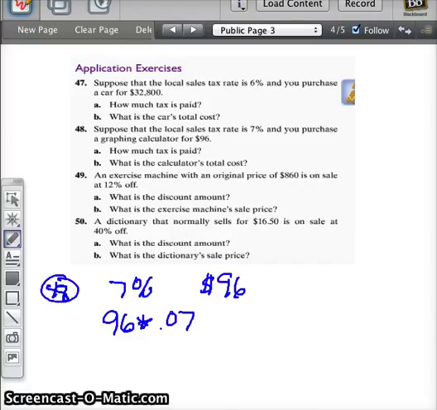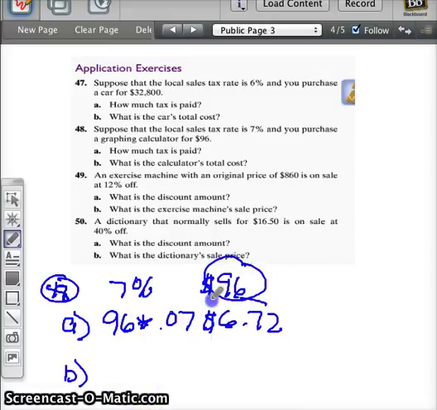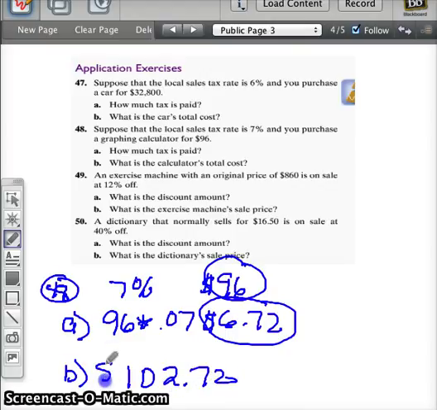You can write the formula down if you want to. 96 times 0.07 is equal to 6.72. That was the first part, so we'll call that A. And then B, what is the calculator's total cost? I'm going to have to pay the $96 and the $6.72, so 102.72. This is what I want.